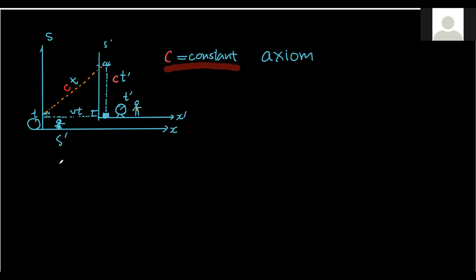Writing with a mouse will be a bit bad. Okay, so VT squared plus CT prime squared is equal to CT squared.